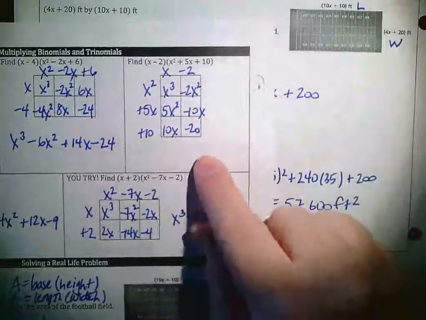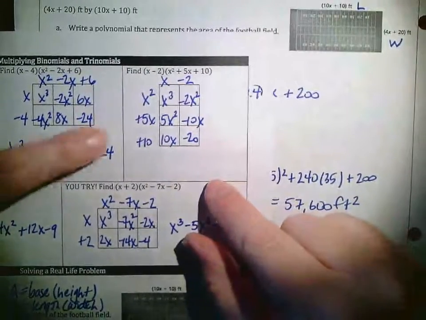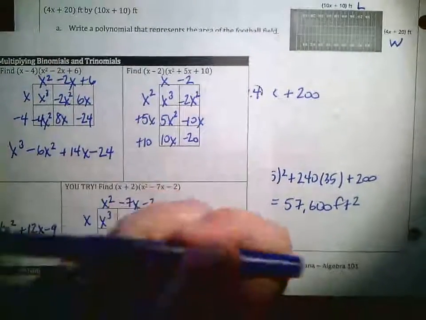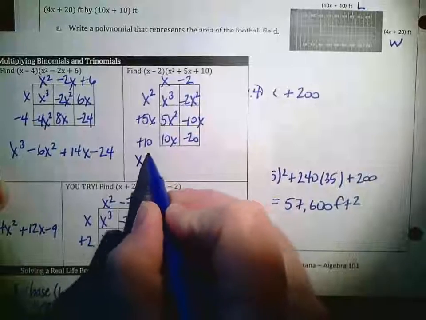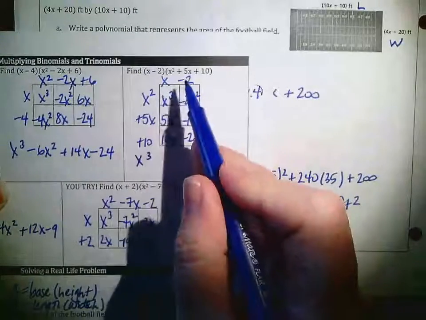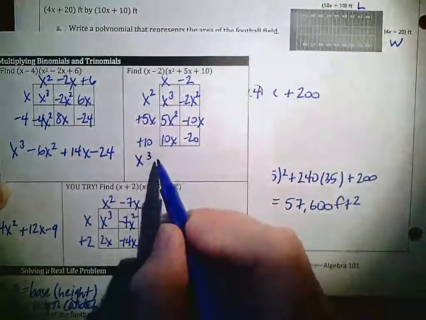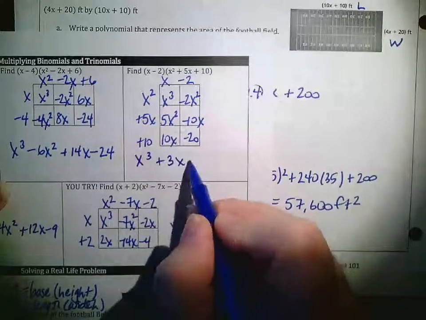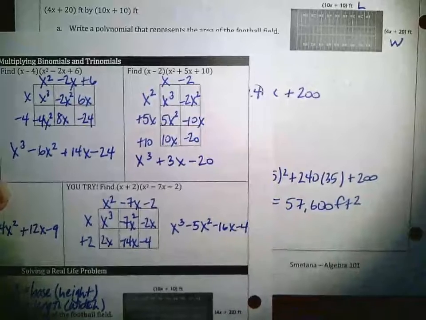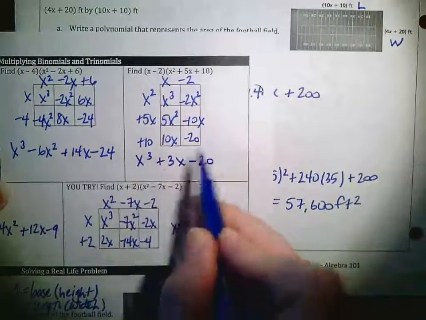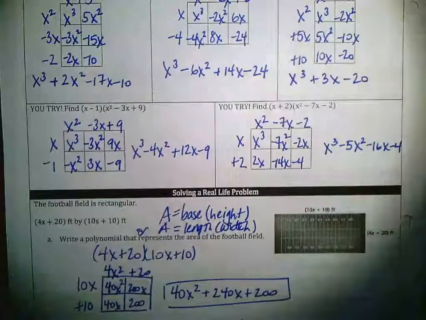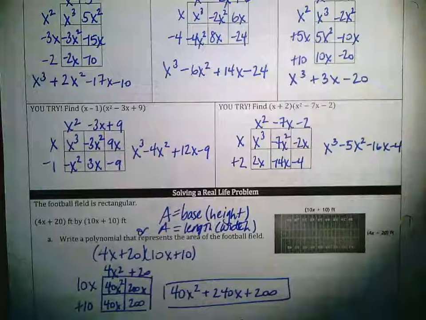So the answer to the one at the top right is, oops, I didn't finish it, is going to be x cubed plus 3x. You notice that these cancel completely, minus 20. So that was your answer to the one on the top right. And then the other 2, here's your answers. I'll leave them up here for a second so you can view them, or you can pause the video.